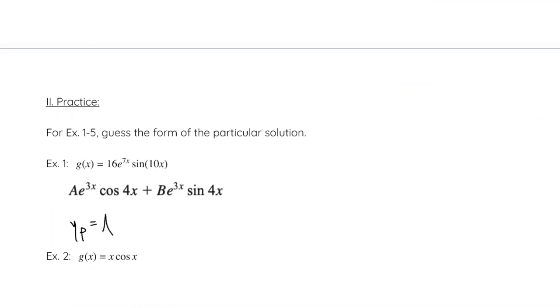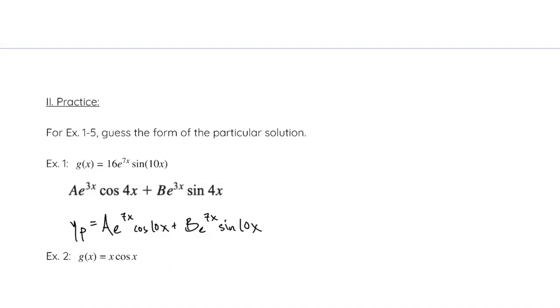So we would say a e to the 7x cosine 10x plus b e to the 7x sine of 10x. Okay, so we're basically using the same structure that they had in the example, but we're just changing the numbers to match what we have.